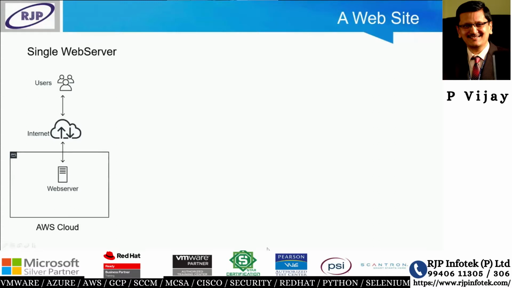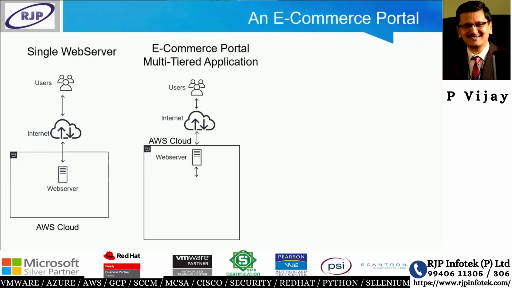So what happens? My company has an excellent product, and it is very well received. So the crowd increases. Looks like this single server story is not going to be sufficient. My company tells me, hey boss, looks like your server is running out of space. We want to increase features.